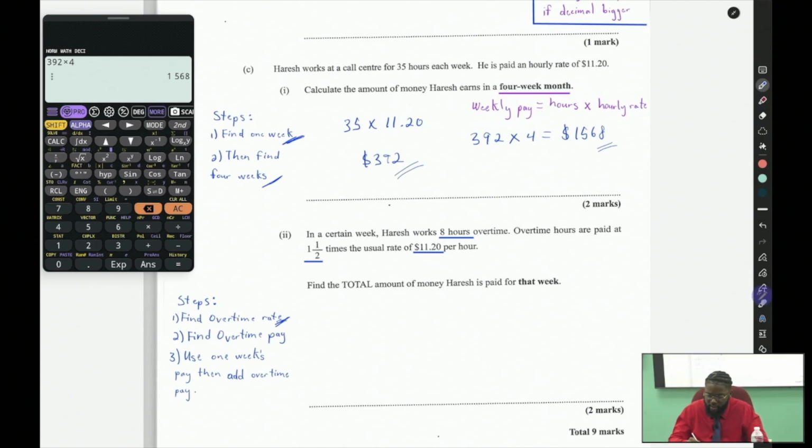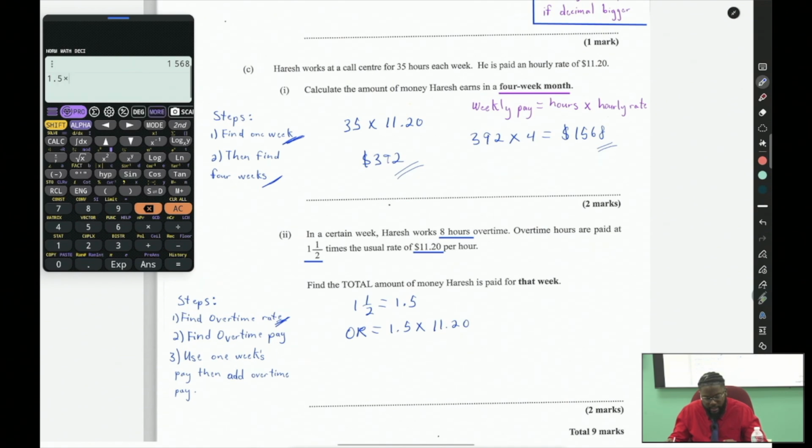So to do that, we're going to multiply 1.5 by the usual rate, because it is 1.5 times the usual rate. So to find our overtime rate, I'm using OR for overtime rates.